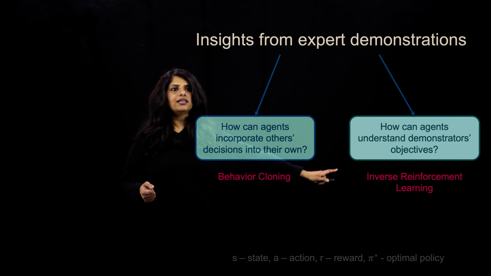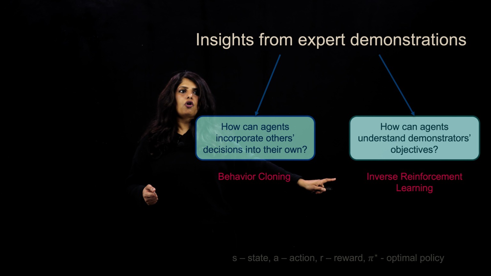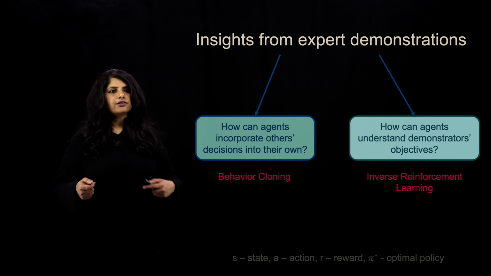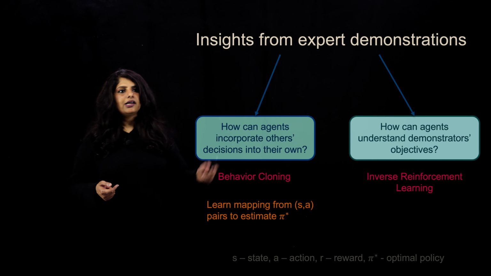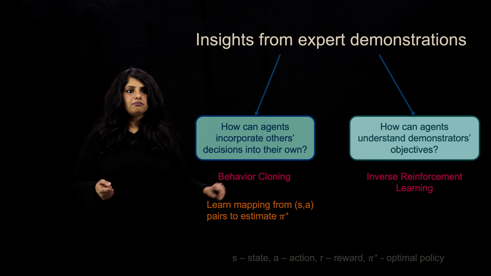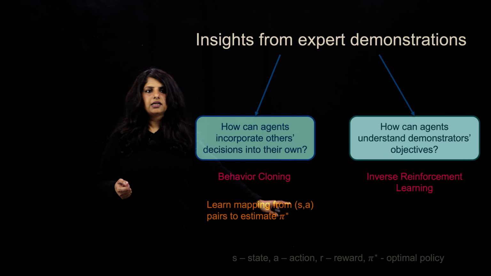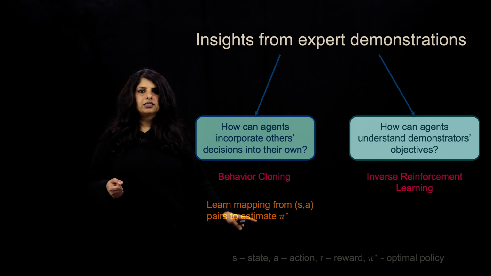And in the second case, in trying to understand the intent of our demonstrator, we are trying to solve inverse reinforcement learning type of problems. Just to start thinking about what these problems look like mathematically, behavior cloning is trying to build out a mapping between my states and my actions to estimate what this optimal policy pi star is from the demonstration data.